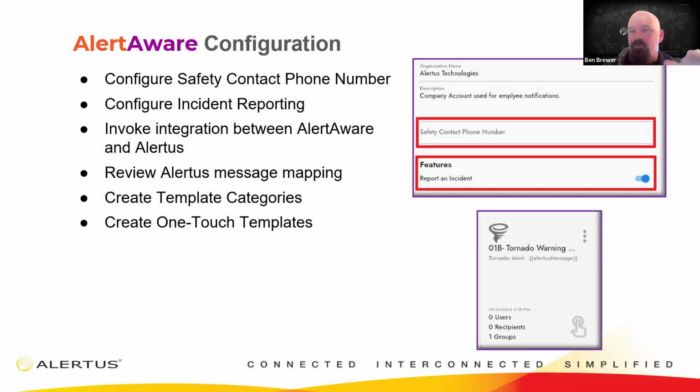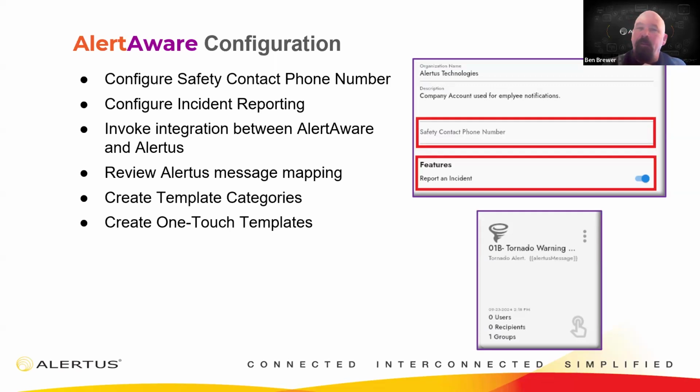If you decide that you want to start out incrementally with just the push notification itself, no incident reporting, no safety contact number, you can incrementally introduce these features over time. That is solely at your control, so long as you're able to log in as the system owner. System admins cannot make these types of alterations to the organization behavior.